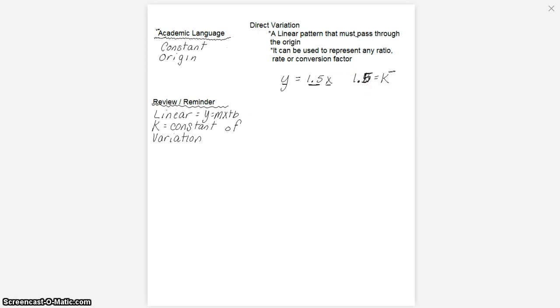What you do not see is that b. There is no y-intercept in the equation for a direct variation because it always goes through the origin or goes through the middle of the graph. So this is a direct variation equation, okay?